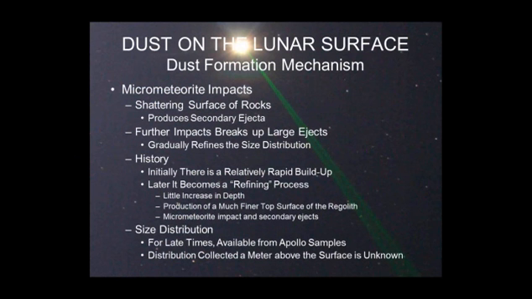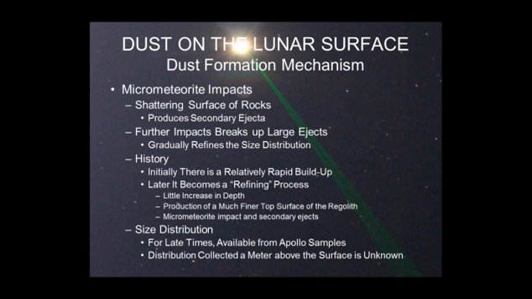This can be viewed from the fact that large impacts produce a big area of rock. Then micrometeorites come in and hit those rocks and produce secondary ejecta, little pieces that are chewed out of the rock. Further impacts both affect the rock and these pieces that were knocked out.